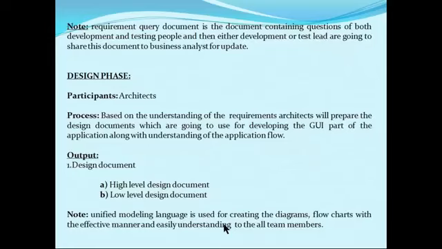Now they start designing the software, usabilities, everything they'll develop. Finally, they get outputs like high level design document and low level design document. Here, UML, unified modeling language, is used for creating diagrams and flow charts.